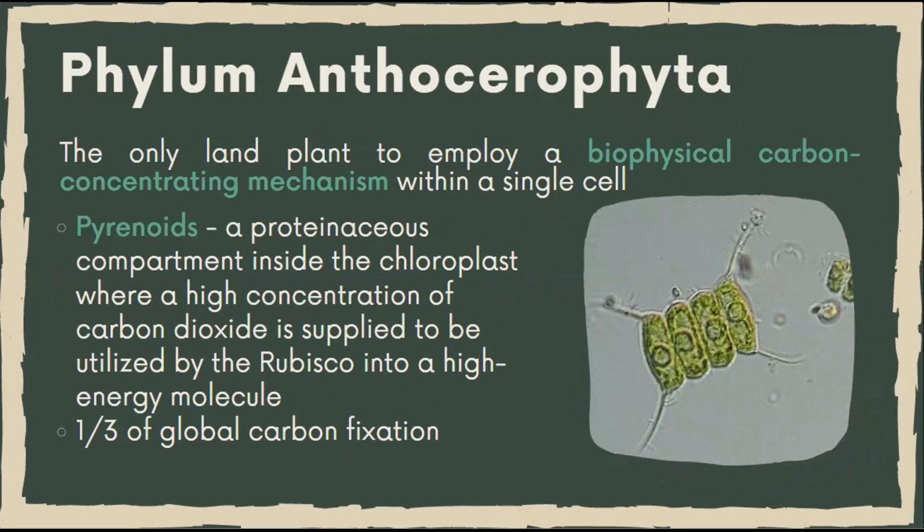The high concentration of CO2 is then utilized by the rubisco and is transformed into a high-energy molecule like glucose. Thanks to this, hornworts have better carbon capture than the other non-vascular plants, and they are responsible for one third of global carbon fixation.